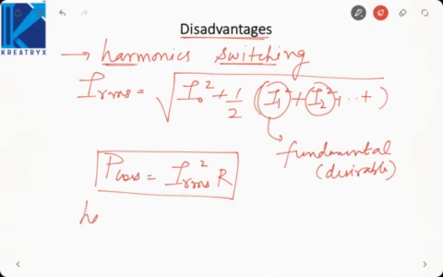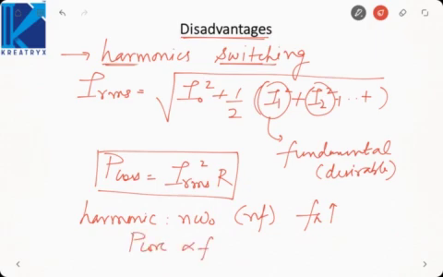Similarly, harmonics have a frequency of n omega naught or nf, due to which the harmonic frequency is high, due to which core losses, which are proportional to frequency raised to the power n, in the eddy current case it is square, in the hysteresis case it is 1.6, will also increase.